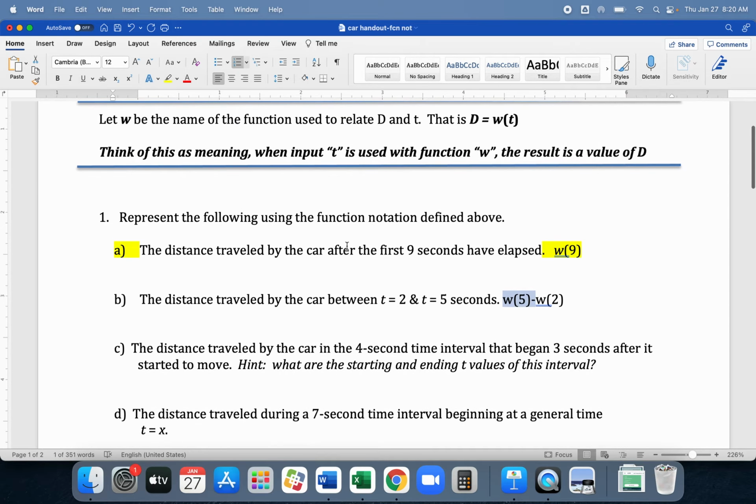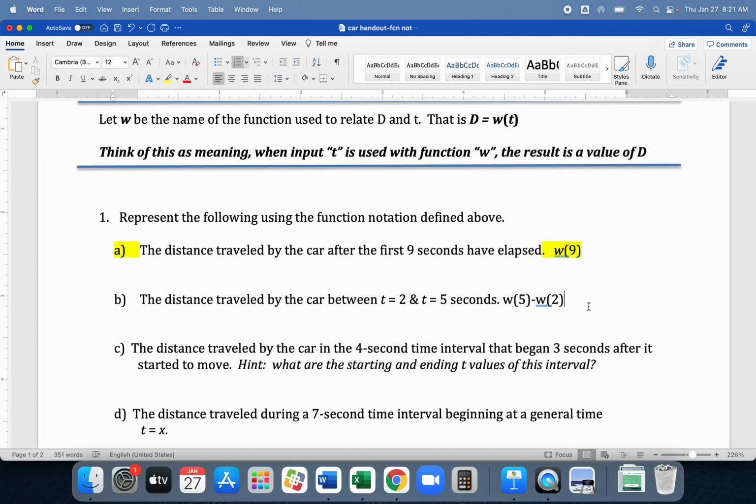Okay. Maybe it's traveled 100 feet. Presumably, it would have traveled fewer feet by time 2 than it had by time 5. But these two things subtracted, this is a distance that it traveled by time 5, a distance that it traveled by time 2, distance from the start.